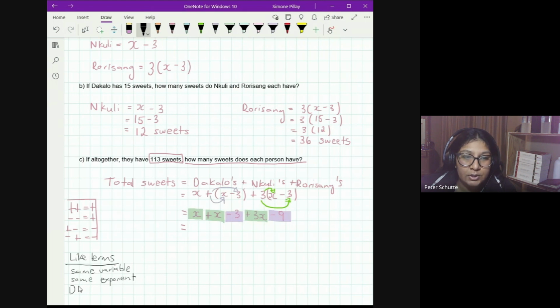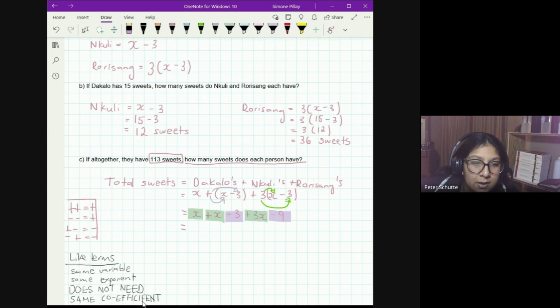Very, very important, it does not need the same coefficient. Here you thought that because it was 3x, that's spelled wrong. Coefficient. Yes, I have an extra F there.